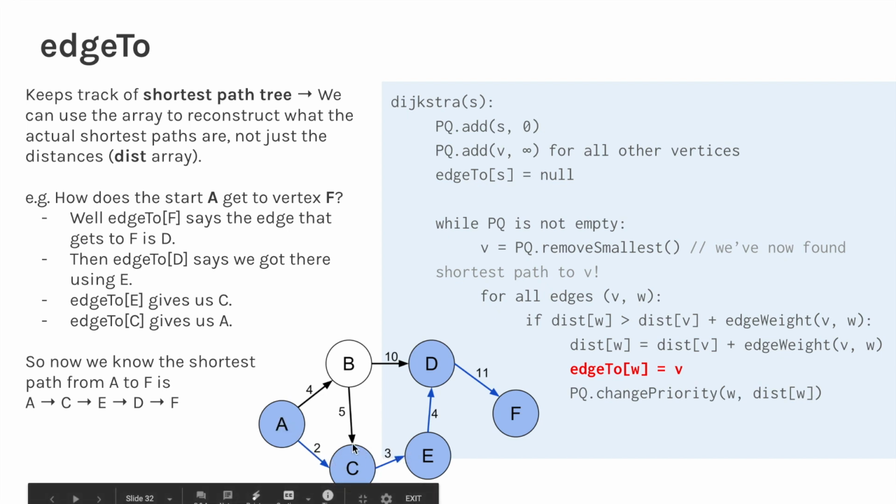So we know the shortest path from A to F would be A, C, E, D, F. So you can use the edge 2 list to answer this question, and also ultimately retrace the entire shortest path tree from the start node to all other nodes.